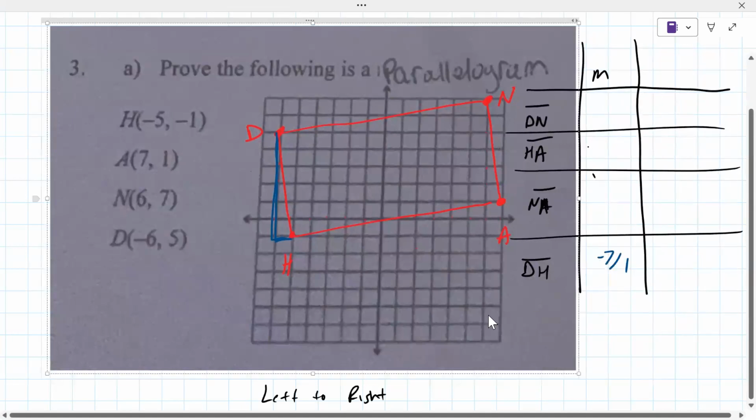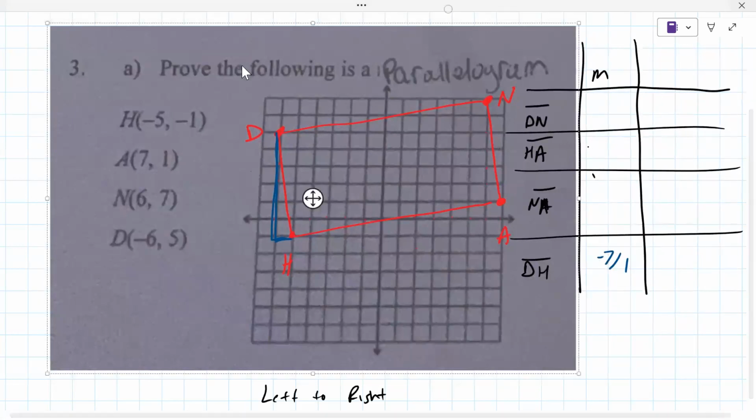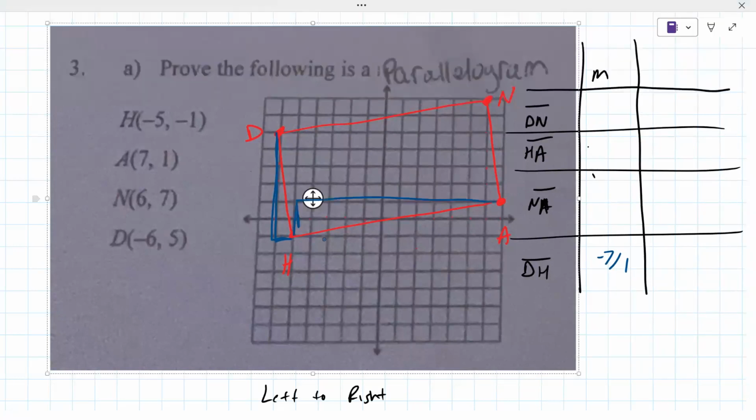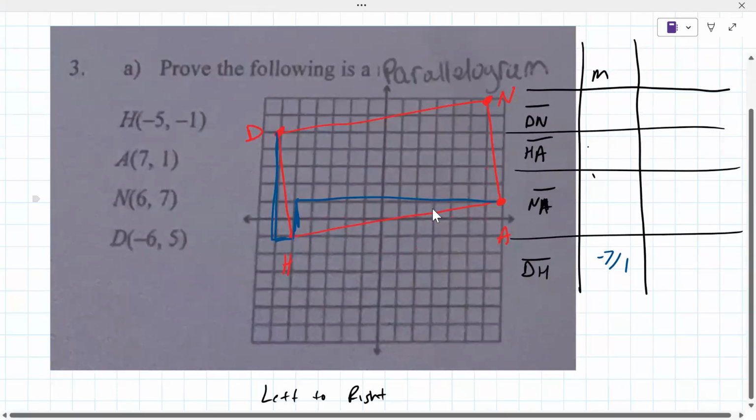All right. So how about from N to A? So this time it's up a certain amount, and then right a bunch. What is that?